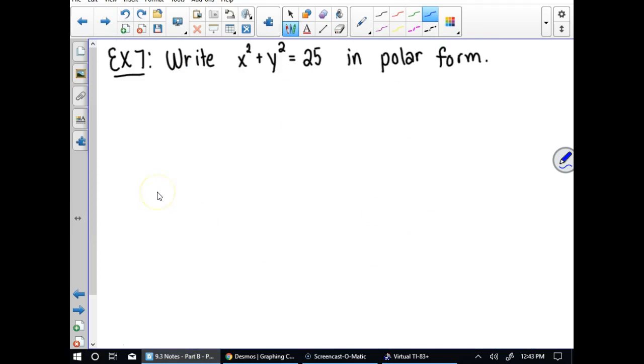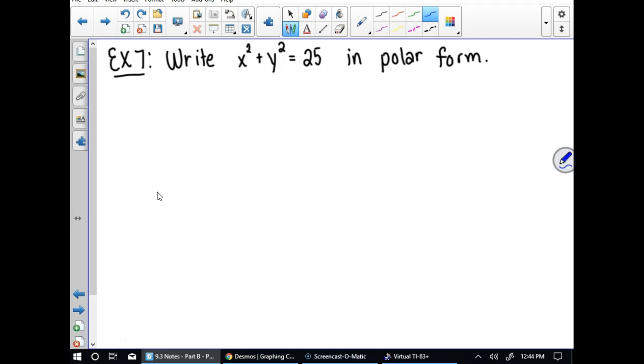Here's our next one. Okay, so this time we've got x squared plus y squared equals 25. I really already sort of did this problem in the other direction.